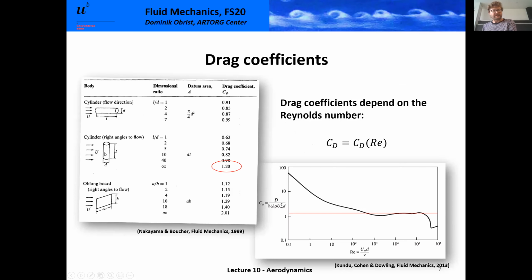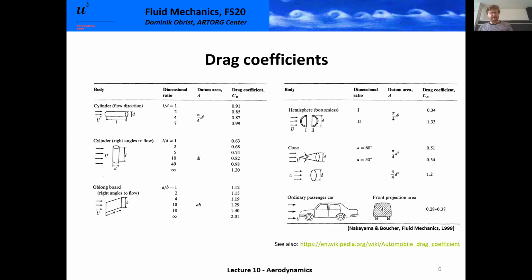We have the same thing for flow perpendicular to a cylinder, and so on, and for a board, for the tilted board. And let me actually go back to this one. I would now like to point out what we have on the bottom right. This is more a practical, technical application. These are drag coefficients for cars.